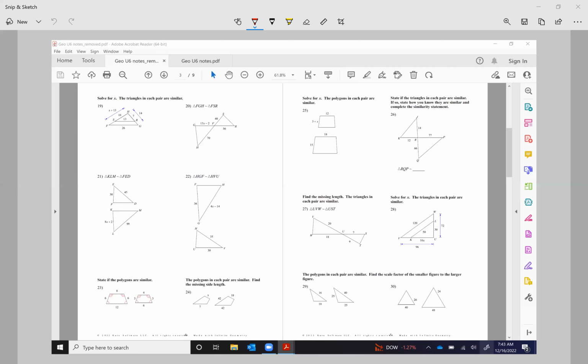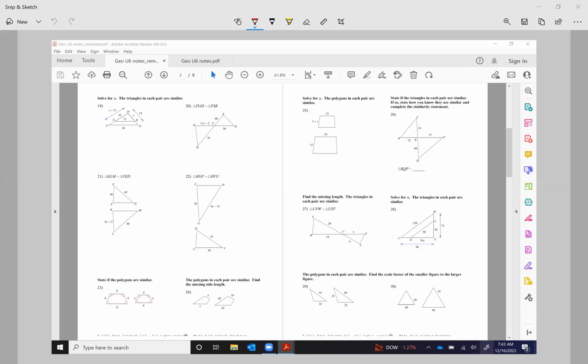When I complete the statement, the order of the letters does matter. So here I said RQP, that's how I start the statement, RQP. It's similar to, now my other triangle, I'm either going to call it ABC, BAC, CAB. There's a way I'm going to use all three letters, but the order does matter.